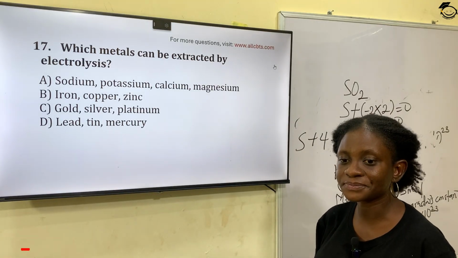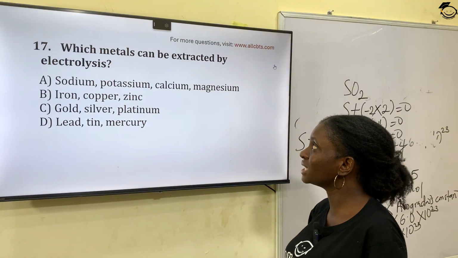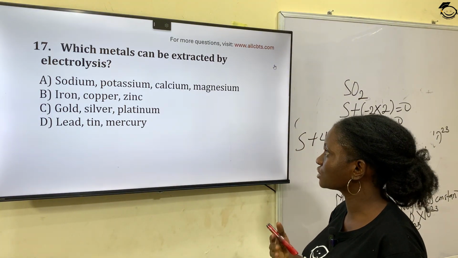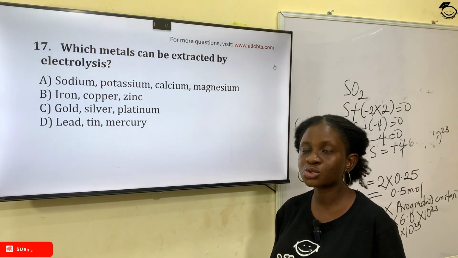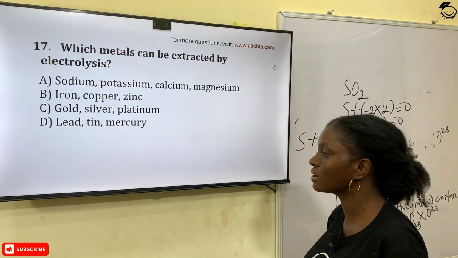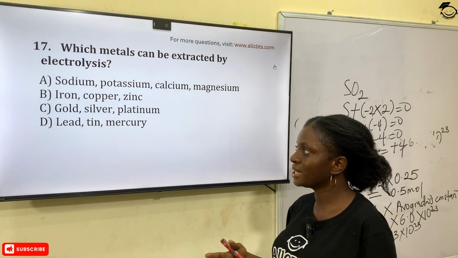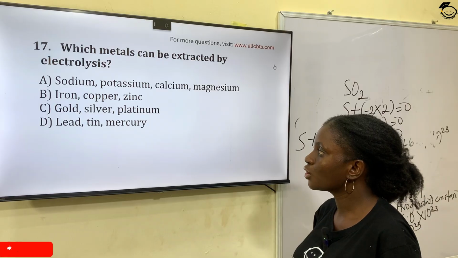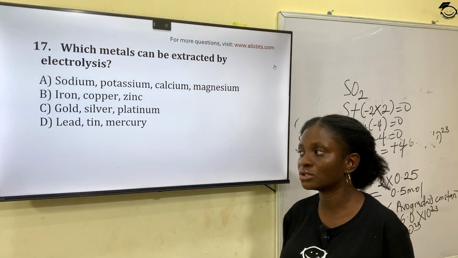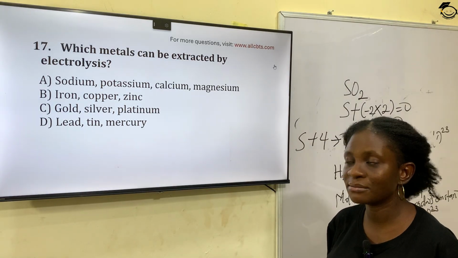Question 17. Which metals can be extracted by electrolysis? Option A, sodium, potassium, calcium, and magnesium. B, iron, copper, zinc. C, gold, silver, platinum. D, lead, tin, mercury.